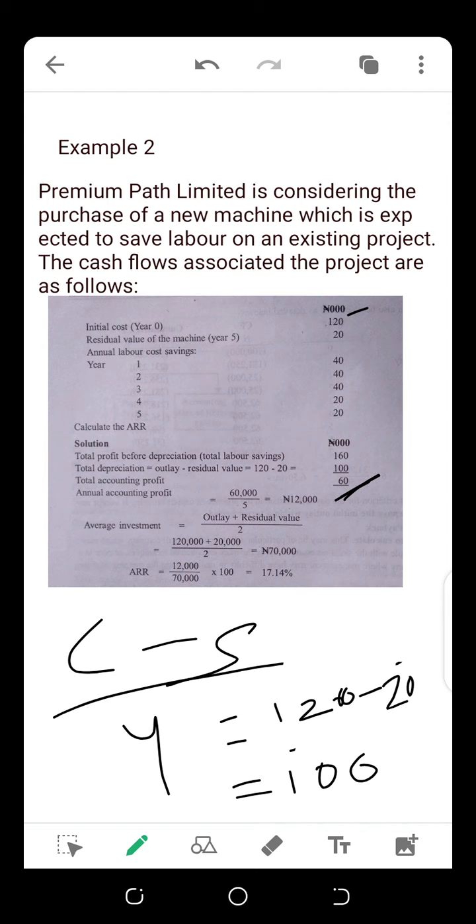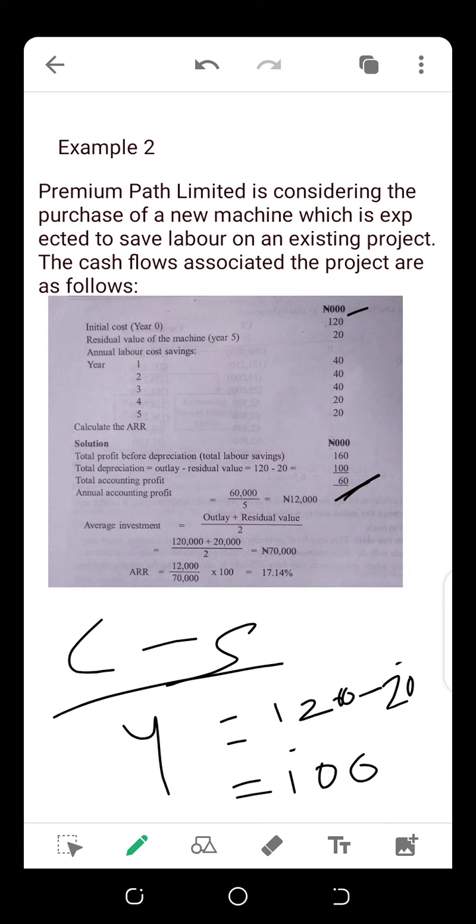What did we call our average investment? The initial outlay, which is the initial cost, plus the residual divided by 2. Residual means the scrap value. So we have initial cost 120 plus residual 20, divided by 2. We have 70,000.